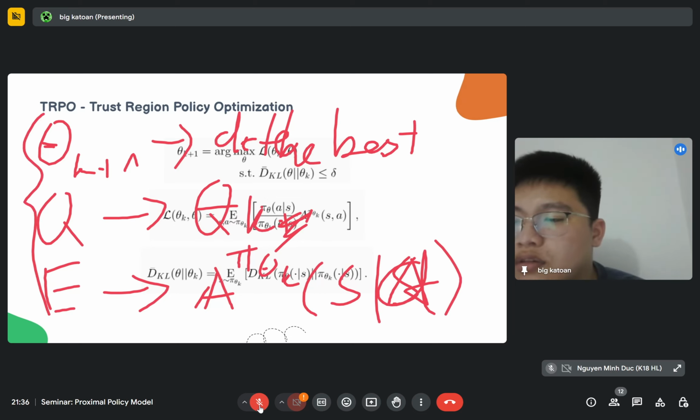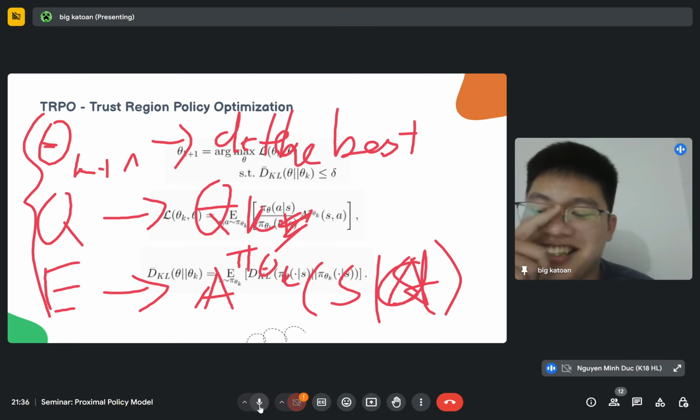These are the three models. So the expected model tries to predict the loss given state and action.